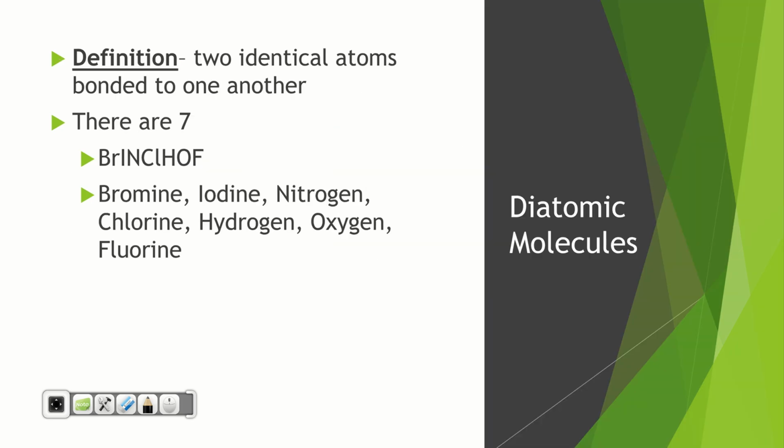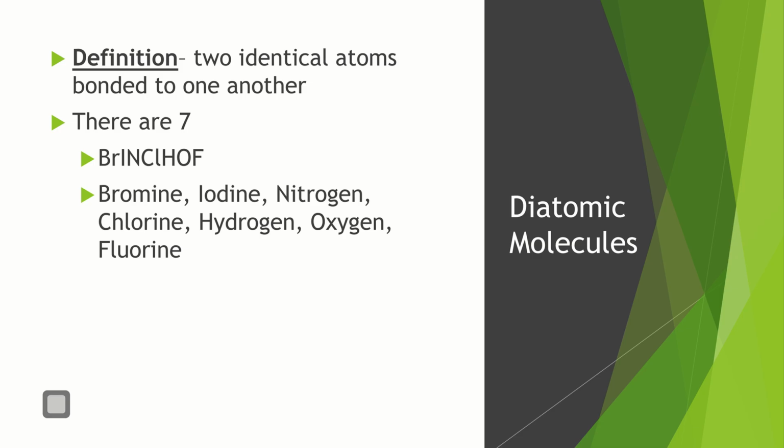All right, this is kind of a side note, I feel, but it's one that we have to point out. We have diatomic molecules. These are 7 elements that will never, ever appear alone.